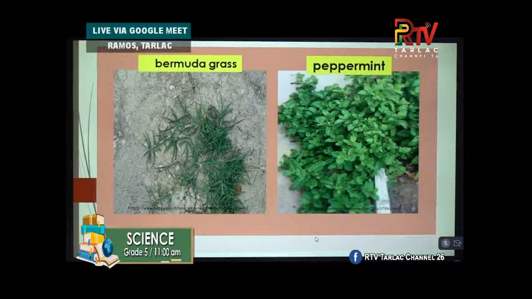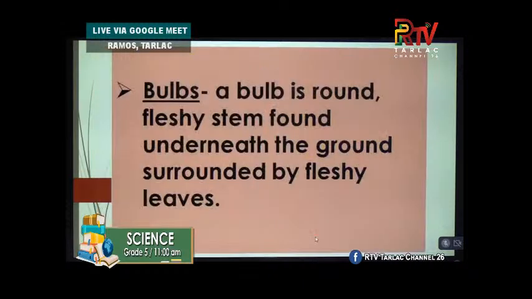Let's move on to another type of natural vegetative reproduction, which is bulbs. A bulb is a round, fleshy stem found underneath the ground, surrounded by fleshy leaves. Simply taking a bulb from the parent plant and transferring it to a new location will enable you to grow a new plant.